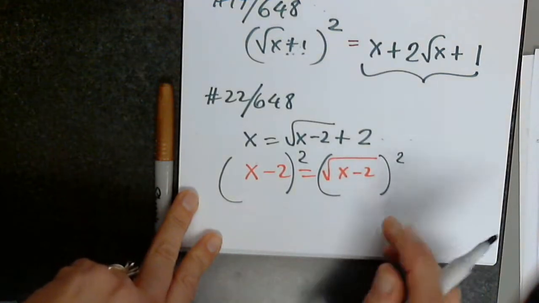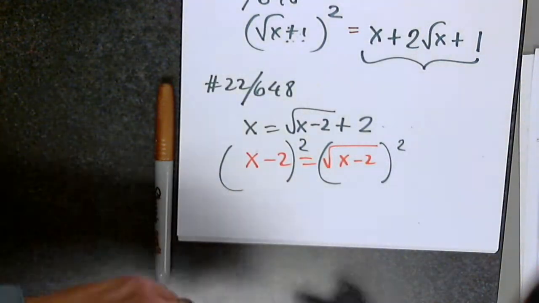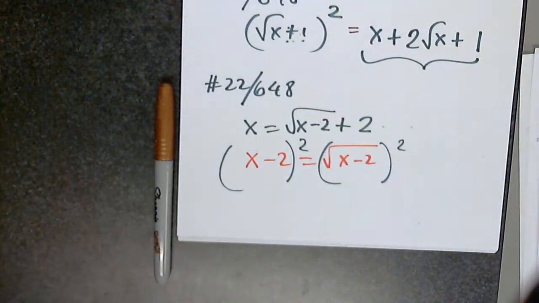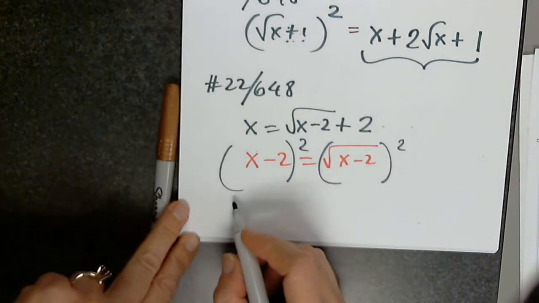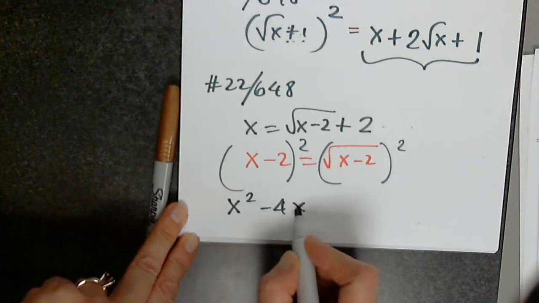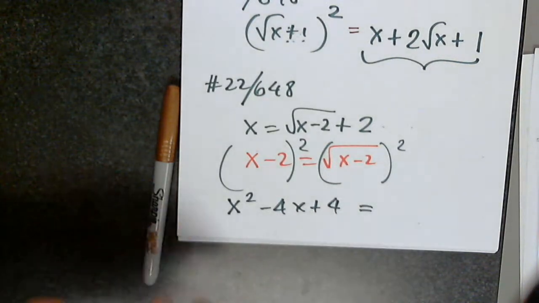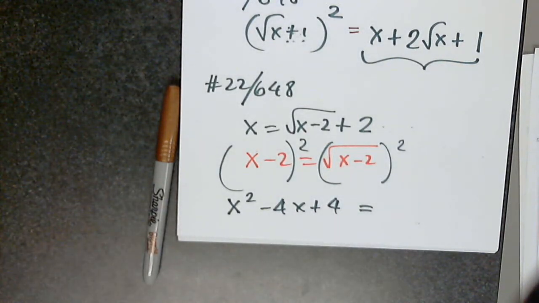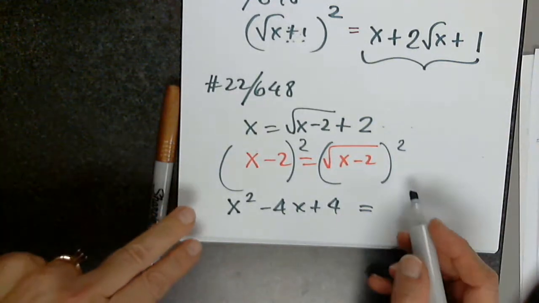Not term by term, that'll be a mistake. Okay. Then the left-hand side is? Very good. Remember, a binomial squared always has 3 terms. Yes. And the right-hand side is easy, or easier.